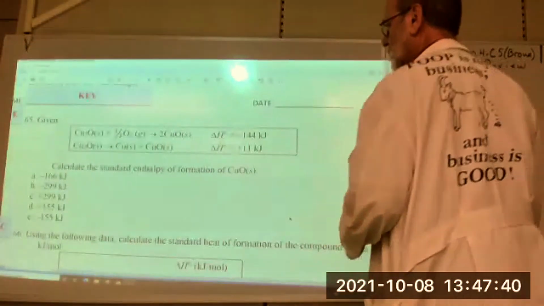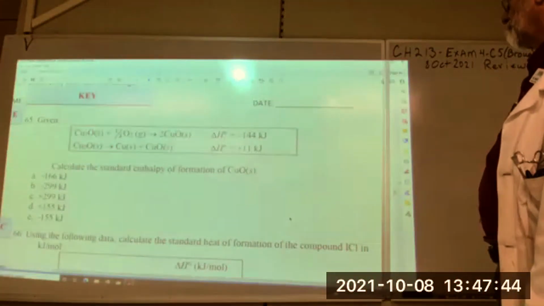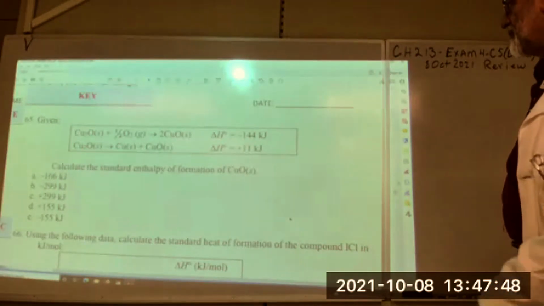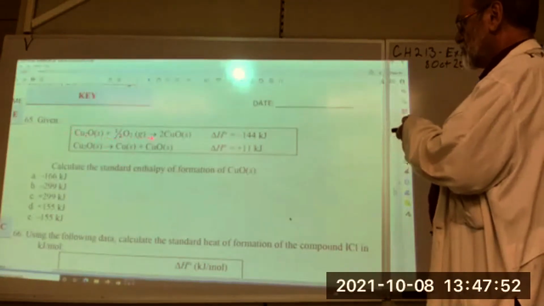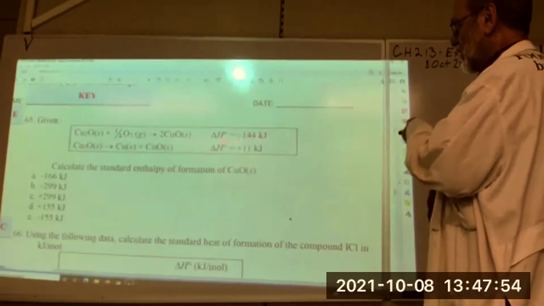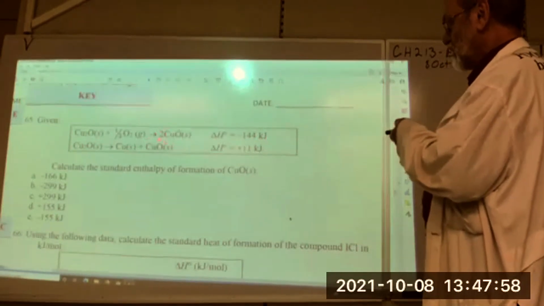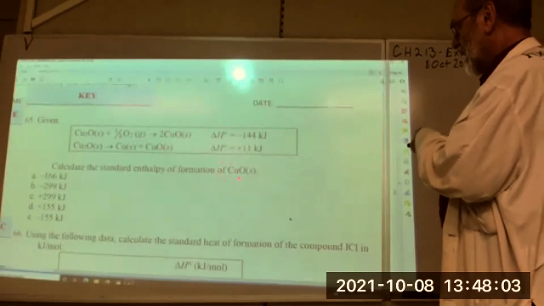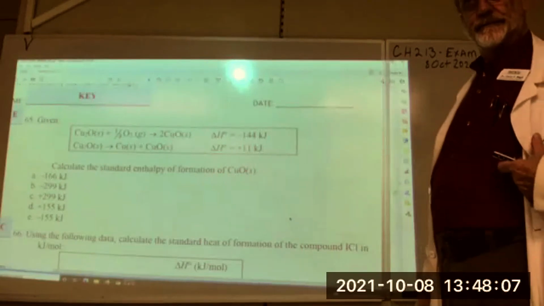All right, this one uses Hess's law. We have this equation with this enthalpy, this equation with this enthalpy, and neither one of them describe the enthalpy of formation for copper II oxide.